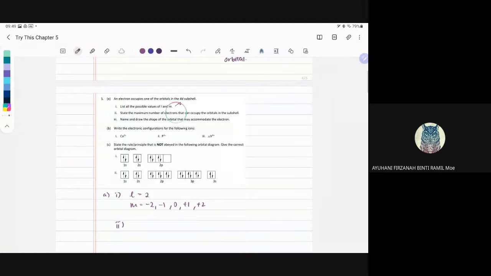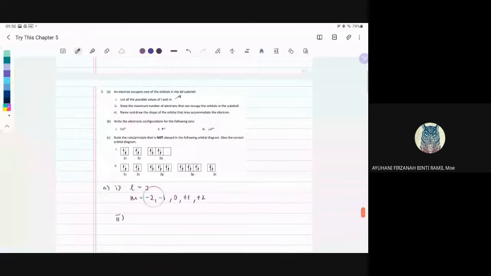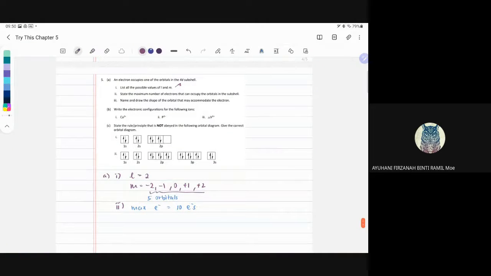Then question 2. State the maximum number of electrons that can occupy the orbitals in the subshell. In the 4d subshell, we see there are 5 orbitals. So the maximum is 10 electrons. Then question 3.